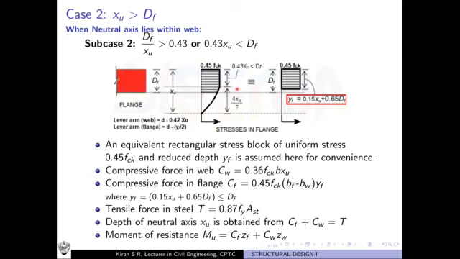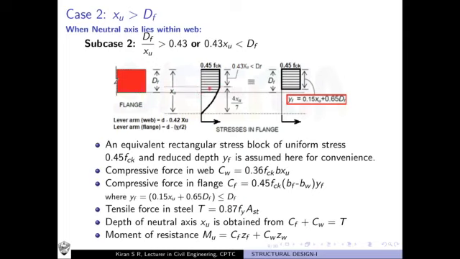We are going to find it using the same set of equations, but for the time being, this parabolic region will make our analysis complex. It is very difficult otherwise to evaluate the contribution of this parabolic region in the flange.